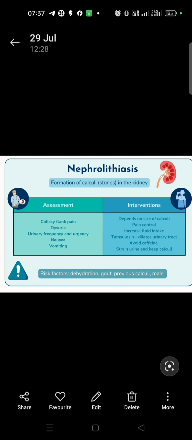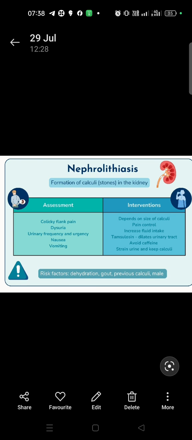Also, the main risk factors for nephrolithiasis: the first one is dehydration. If we are not taking adequate fluid intake, urine production also becomes less. In such cases, the calculi size has a chance to increase, and the patient will get flank pain.